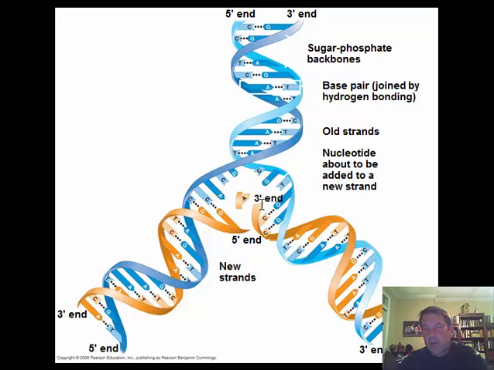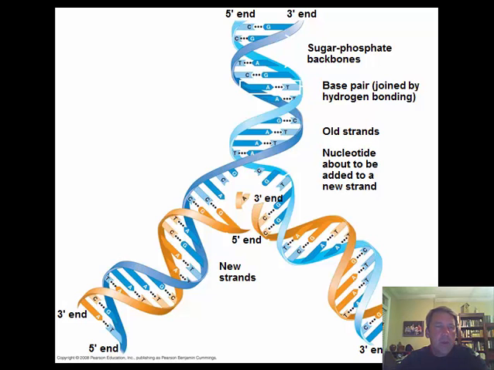This is an example of a DNA that's separating, and you can see that pairing right here. Right across, the C is a G, and right across the A is always a T. And so this holds the 2 strands together. This is showing one that's unzipping and unwinding right here and forming 2 new strands.